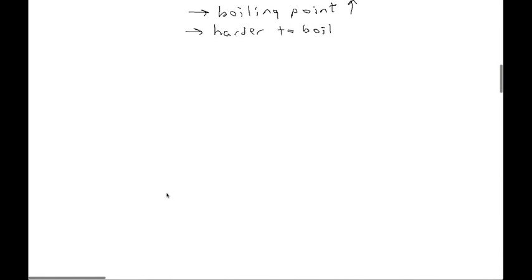Okay, so let's see. Now let's talk about the idea of mole fraction. So let's say we have a solute in a solvent.